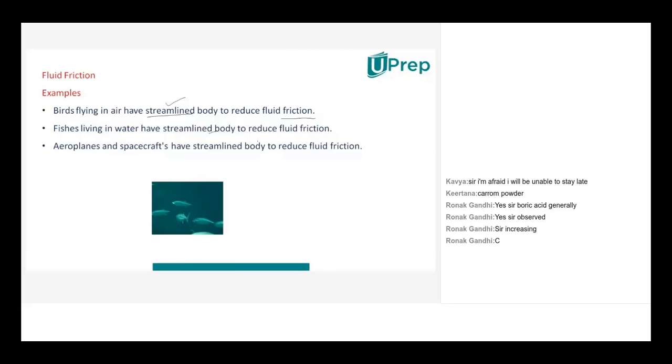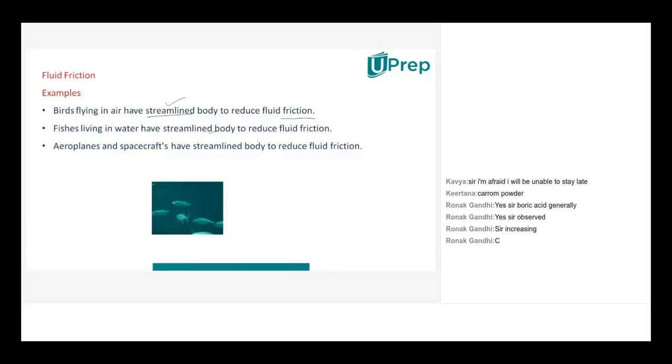Why? Because the fluid will offer some resistance to your motion. That means water friction is more than air friction. So fluid generally offers some resistance to the motion of objects, and that is called fluid friction.